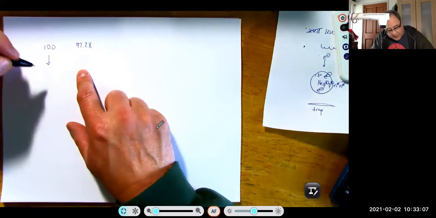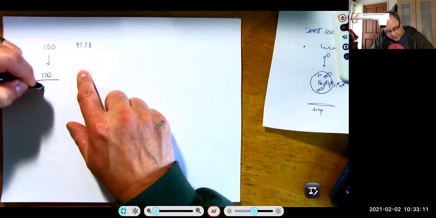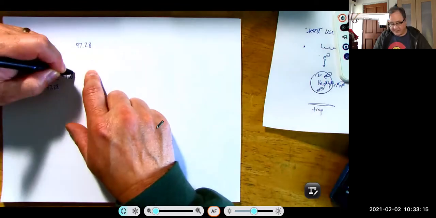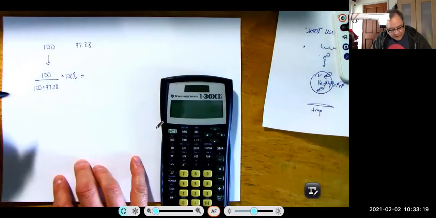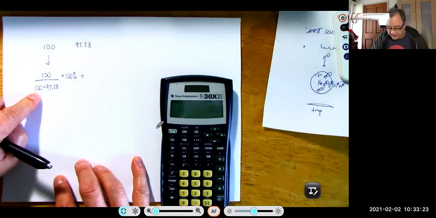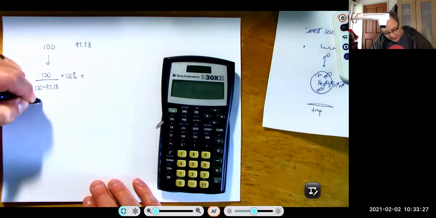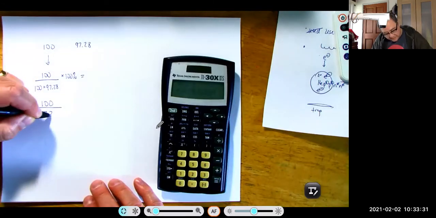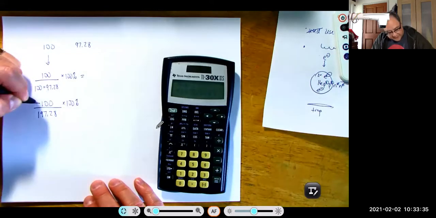Well, it's going to be 100 over 100 plus 97.28 times 100%. And that should get us the percentage. And here, we're going to end up with actually 5 significant figures. And I'm going to show you why it's 5 significant figures. This has infinity significant figures.